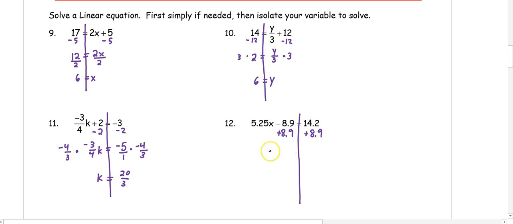So I get 5.25x equals 23.1. Then to solve for x, I'm going to divide both sides by 5.25 because x was being multiplied. And we get x equals 4.4.